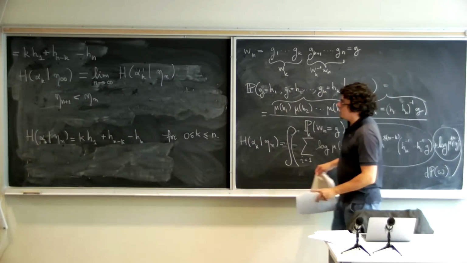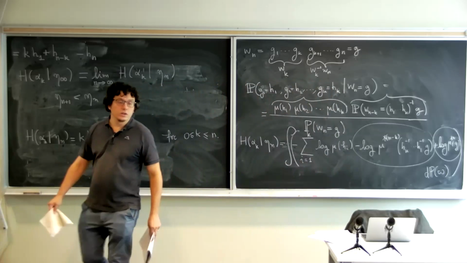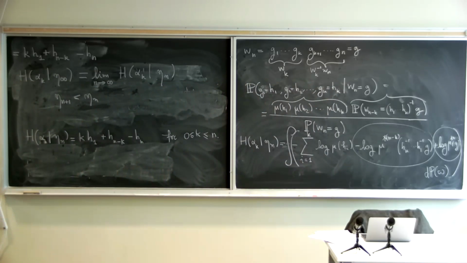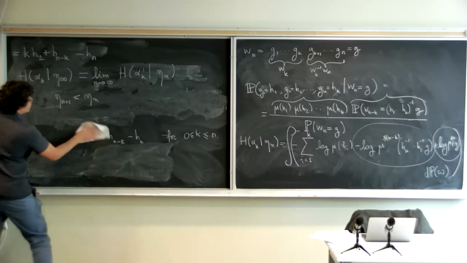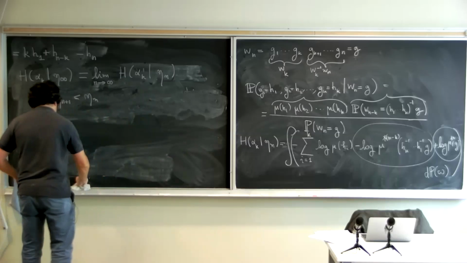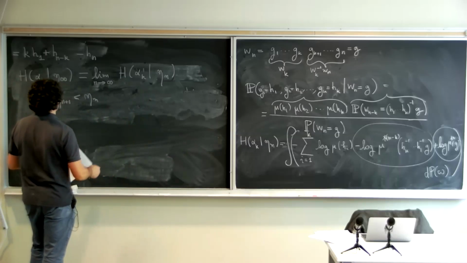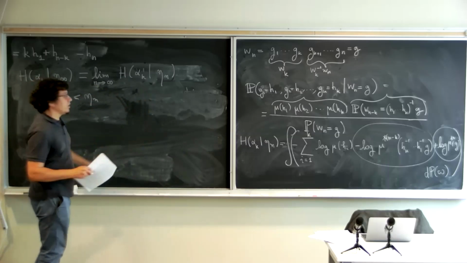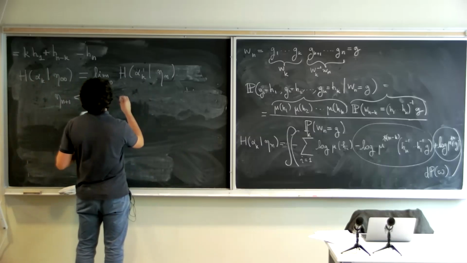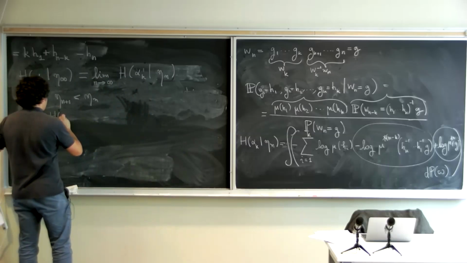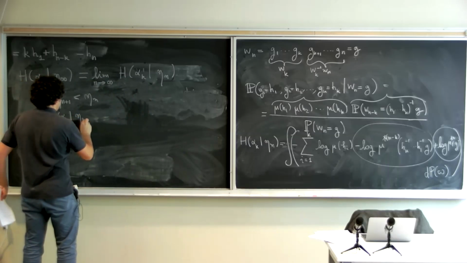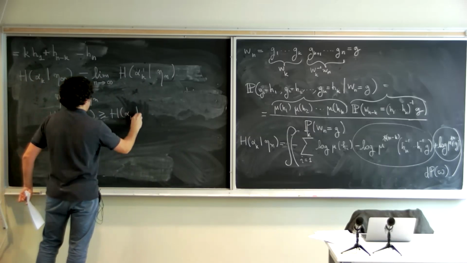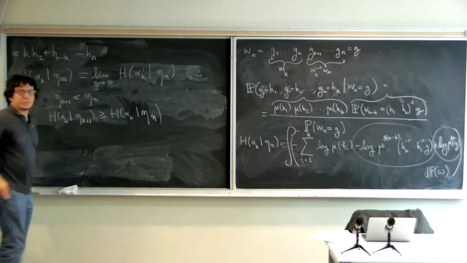Sorry, I have another question. Why is the entropy continuous this way? I know eta infinity is kind of the coarsest of all the eta n. So why is this? Right. So first of all, the limit exists. This is not completely obvious. It's a property of measurable partitions. But first of all, what do we know? This one tells you that H alpha k given eta k plus 1 is bigger than this. You agree with that?